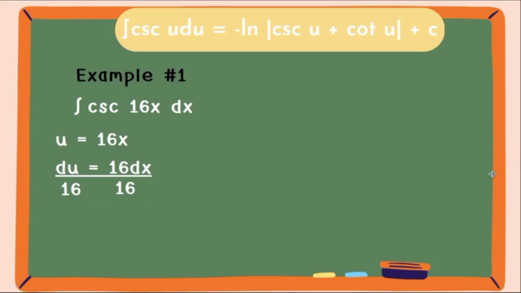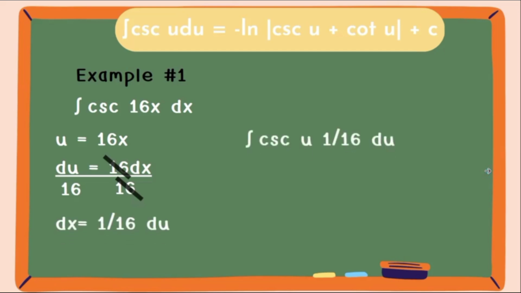After that is, ika-cancel lang yung 16 since same value sila, and our dx will be dx is equal to 1 over 16 du. Then we have integrals of cosecant u 1 over 16 du. After that, ilalabas natin yung 1 over 16 sa integral sign. So, magiging 1 over 16 integrals of cosecant u du siya.